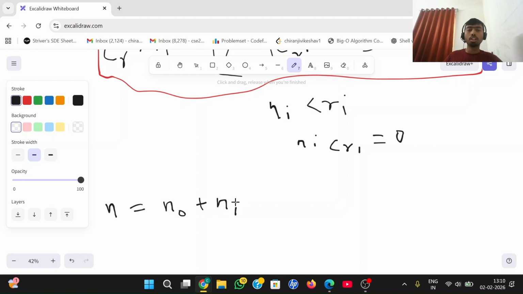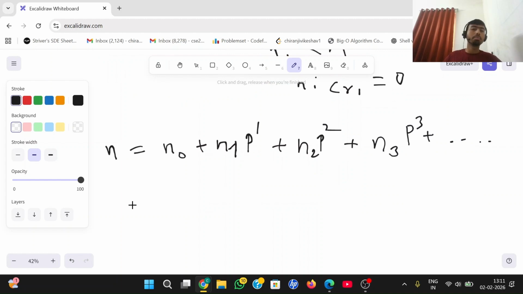Okay, n1 into p to the power 1 plus n2 into p to the power 2 plus n3 into p to the power 3 up to infinity.